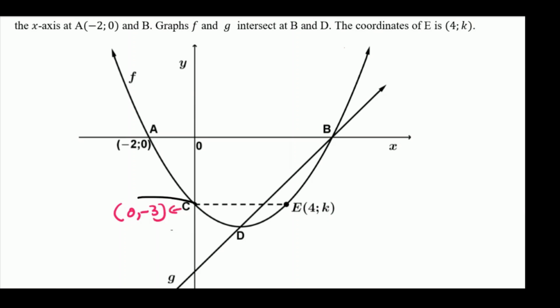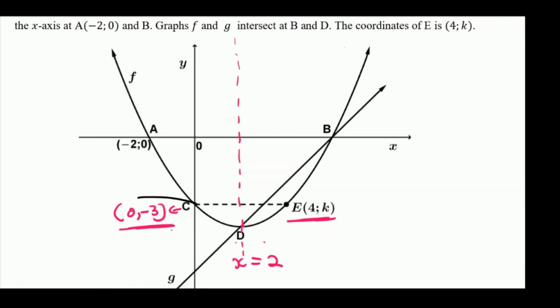So these are the coordinates of C, and we are told that E is a reflection about the axis of symmetry. We know that the x value of the axis of symmetry is 2.